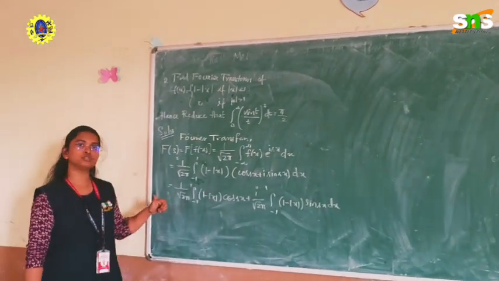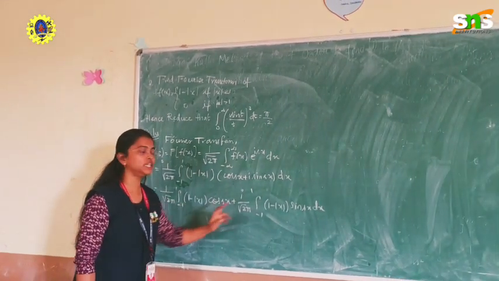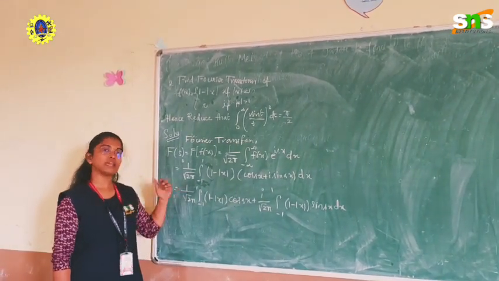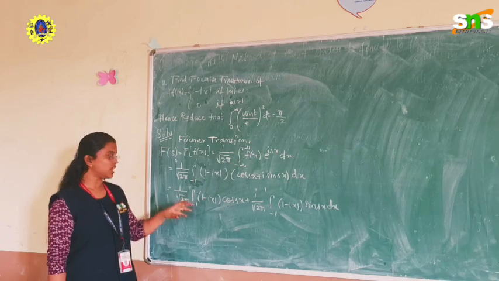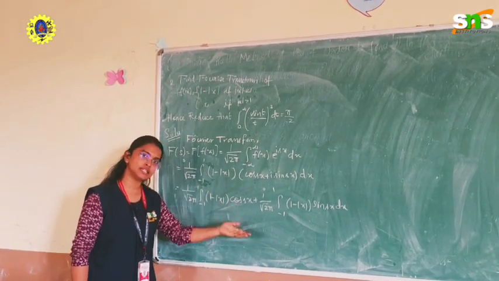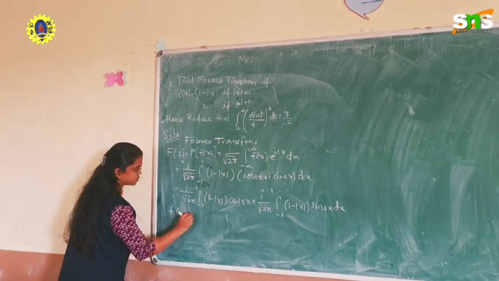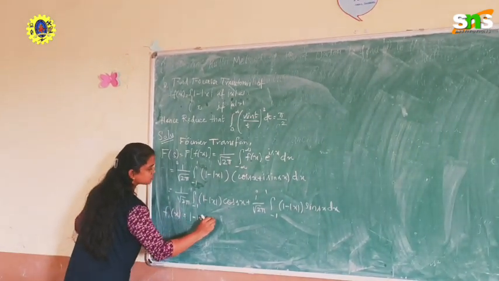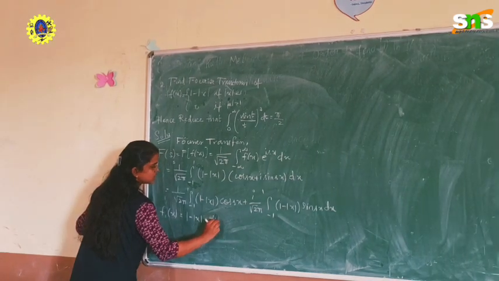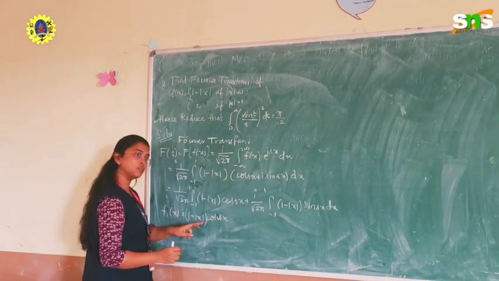So now we have to find out whether these two integrals are odd or even. For that, you have to take the function and replace x with -x. I'm taking the first function, f1 of x, equal to 1 minus modulus x, cos s x. Here I substitute x with -x.